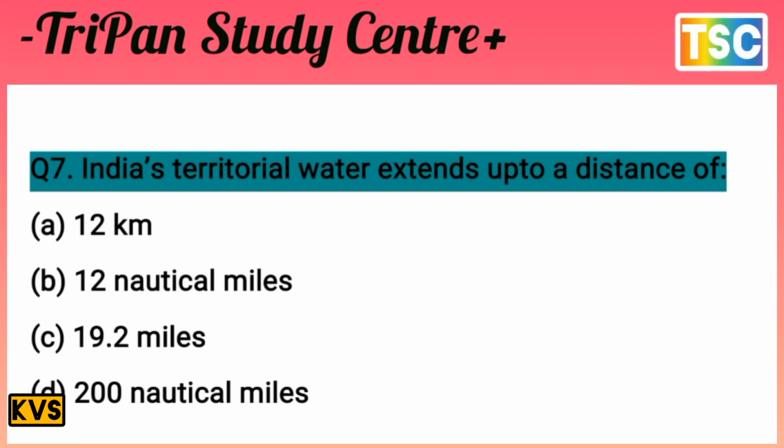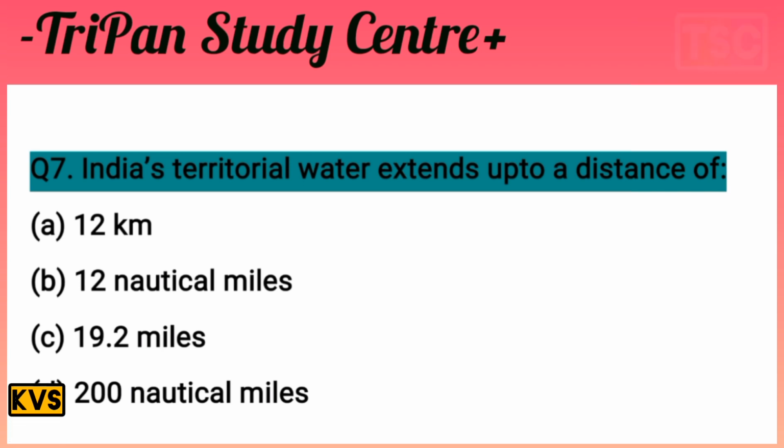First of all, test your knowledge. I give you a few seconds for this question. You must have thought of your answer. Let's see what our answer is. Two options are eliminated because they are very different from this answer.